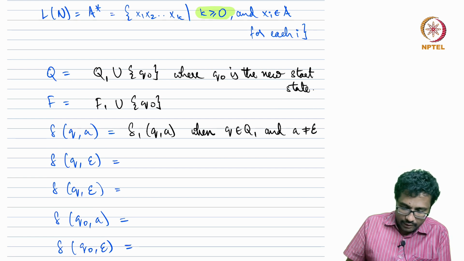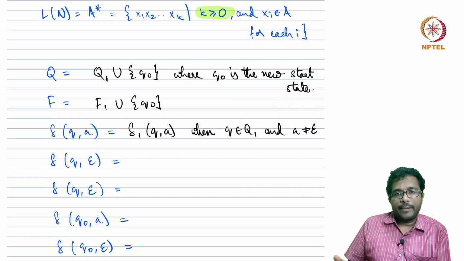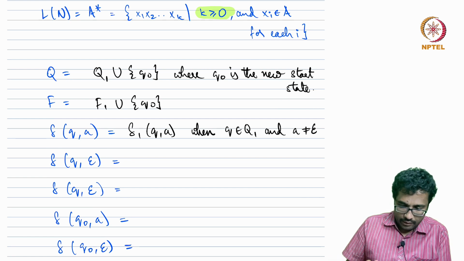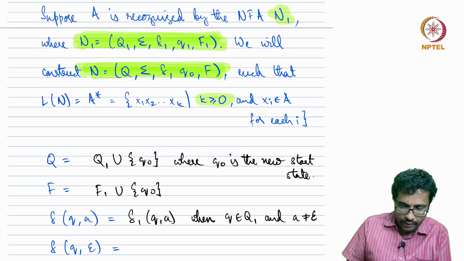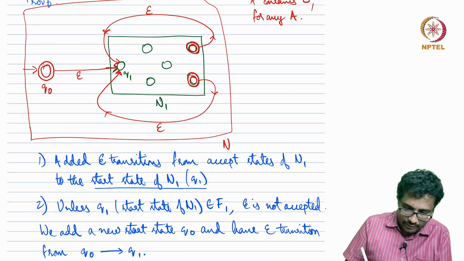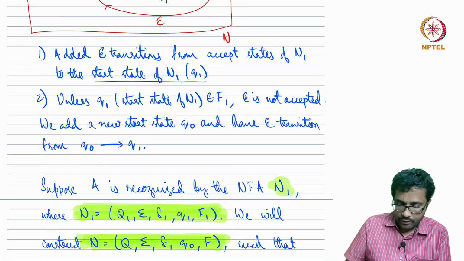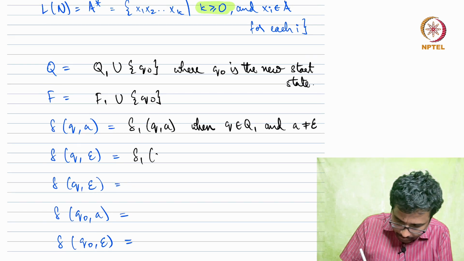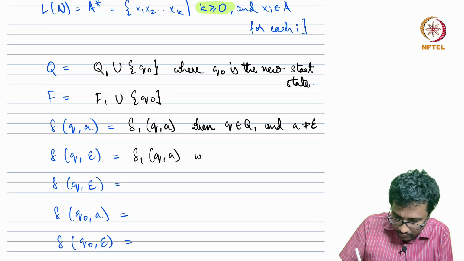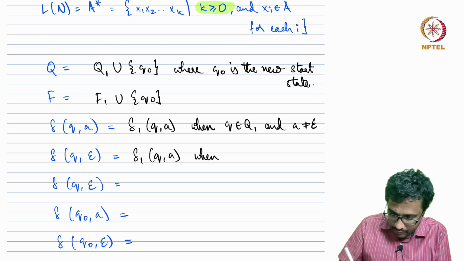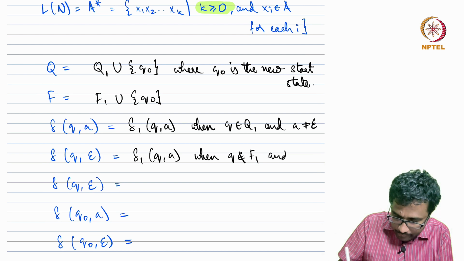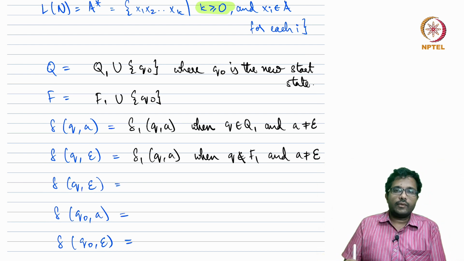And what about Q comma epsilon for the existing states Q? If you are an accepting state, you are adding these new epsilon transitions. If you are not an accepting state, you don't have to do anything, right? So this is also delta 1 of Q comma A when Q is not in F1 and A is epsilon, right?